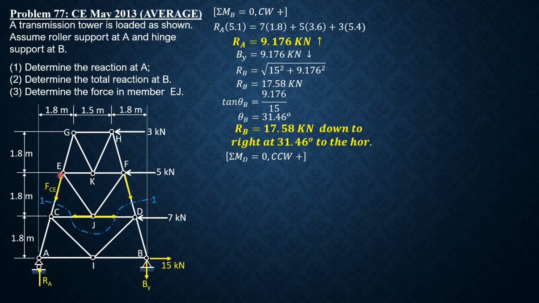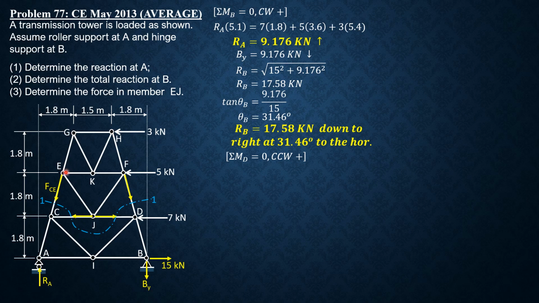So let's analyze the distance first. Take note that the length of CGH is 1.5, then the length of AB is 5.1. So 5.1 minus 1.5, that's 3.6 meters. Since there are three equal spaces, that 3.6 should be divided by 3, so 1.2.